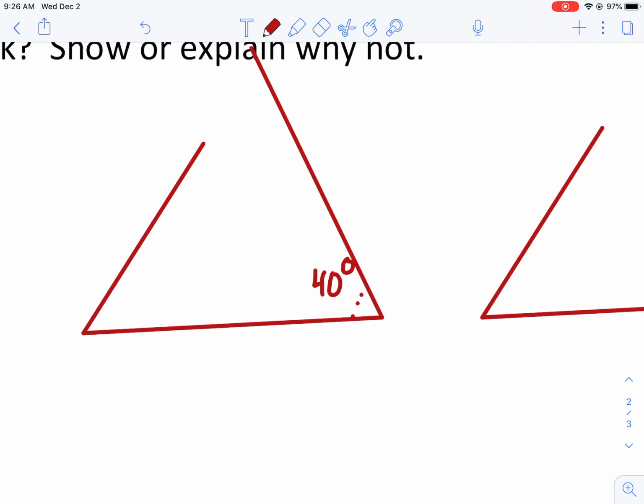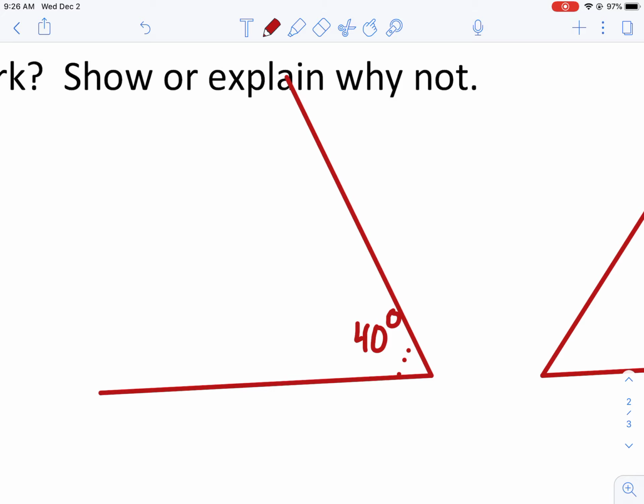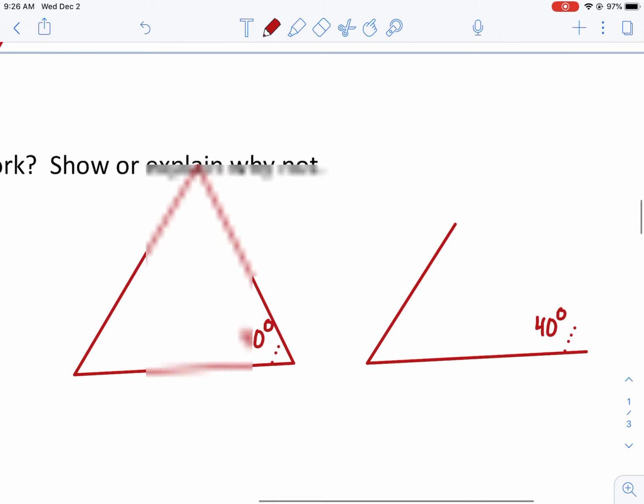Wait, I made this side too long down here. I'm sorry guys, I need to make this side longer. There's actually two different spots where this side can hit, all right?